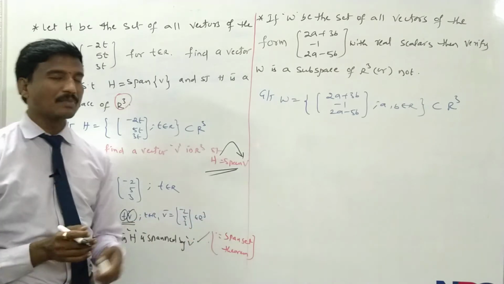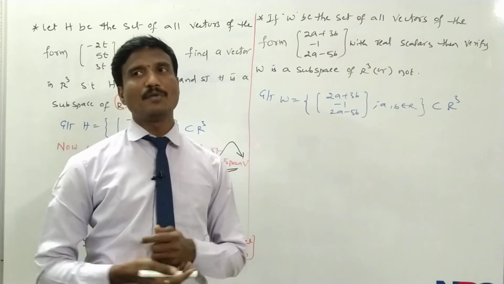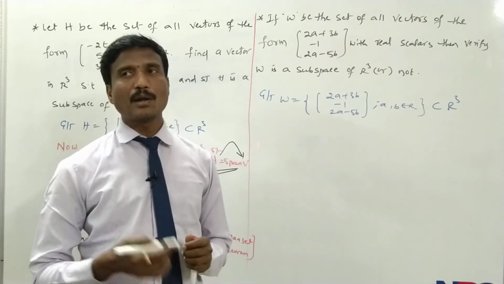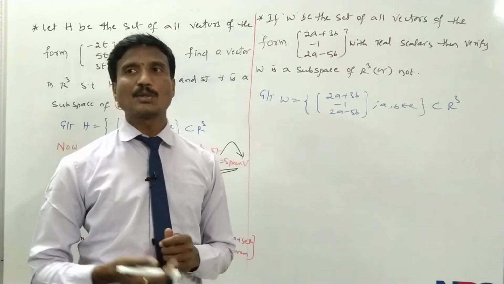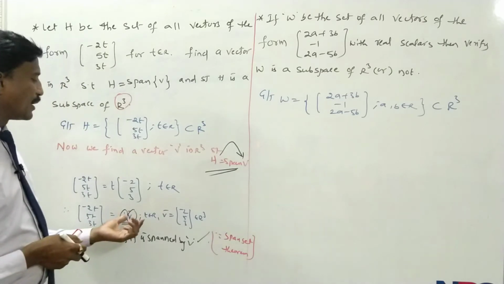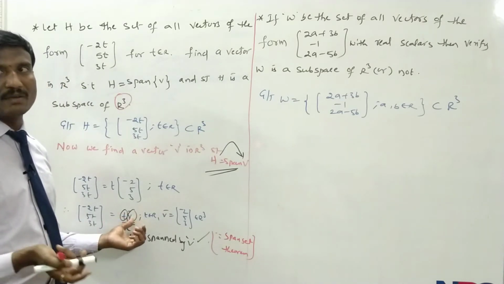So by the previous theorem from yesterday's class: if V1, V2, ..., Vn are vectors in the vector space Rn, then the span of V1, V2, ..., Vn is also a subspace of the vector space. Here the span of the vector V means the linear combinations of the vector.